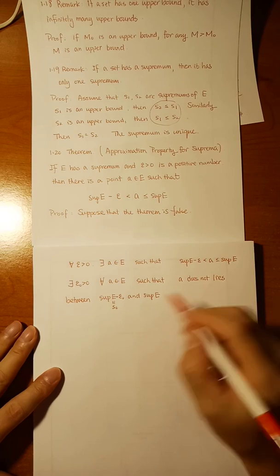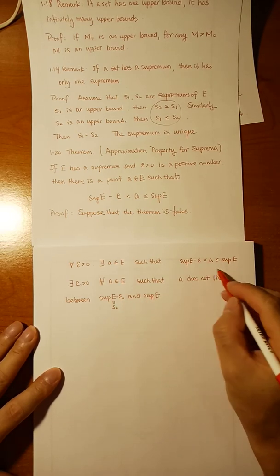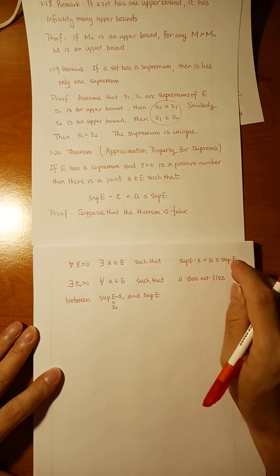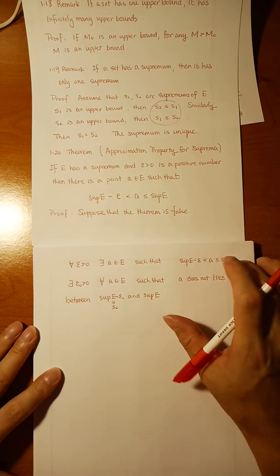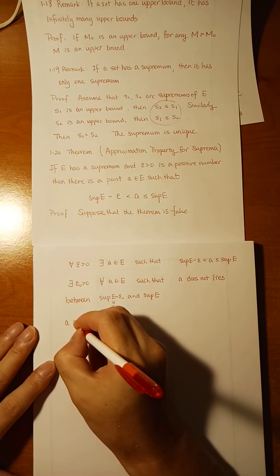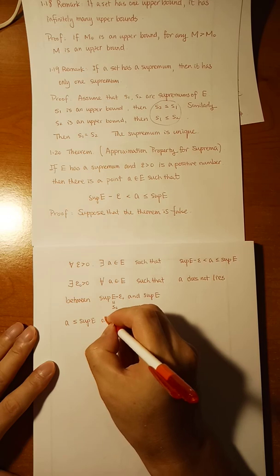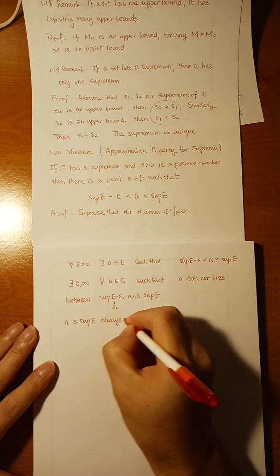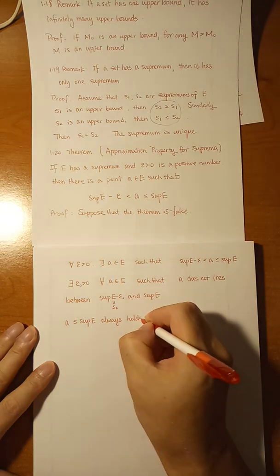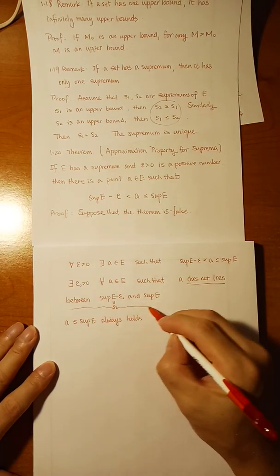Okay, A does not lie between those two numbers. A is automatically less than or equal to the supremum. This is always correct because supremum is an upper bound. This always holds. Then what does this mean? A does not lie between them.